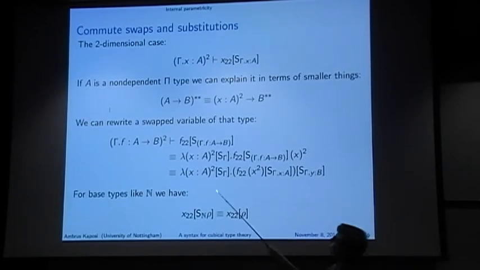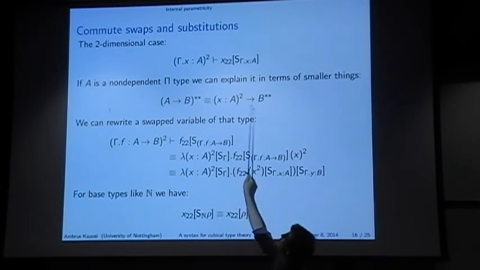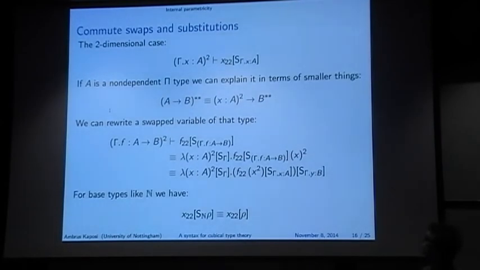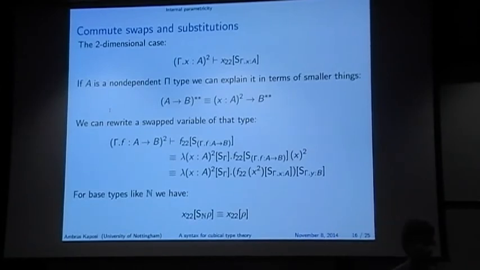So, for example, higher equality for a pi type just computes to this. It's a relation from x in A2, which is a context of 9 elements, so it's a square of A, and it returns a B star star, which is a filler of a cube which has type filler of a square which has type B.